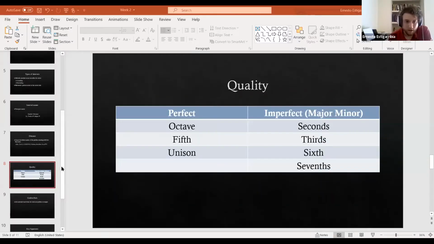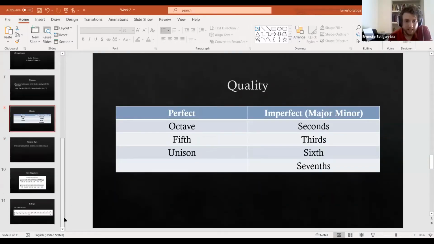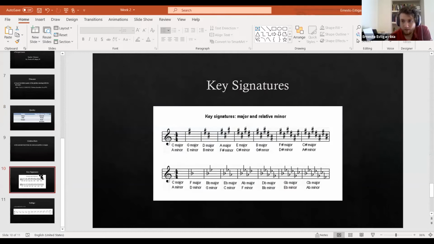And what I have here for you, for your convenience, just to give you a little help here, is the key signatures. These are all the key signatures. You only worry about the major, do not worry about minor. Act as if there's nothing that says minor in this page.